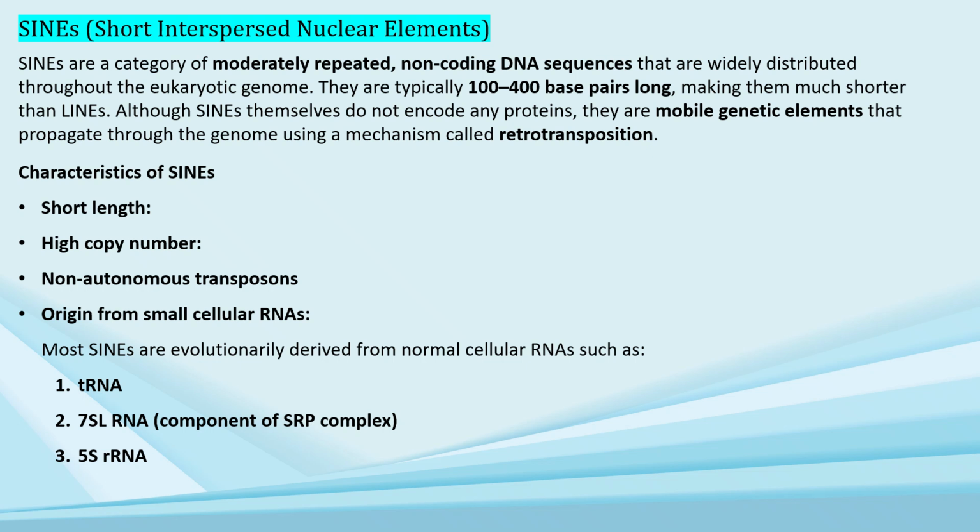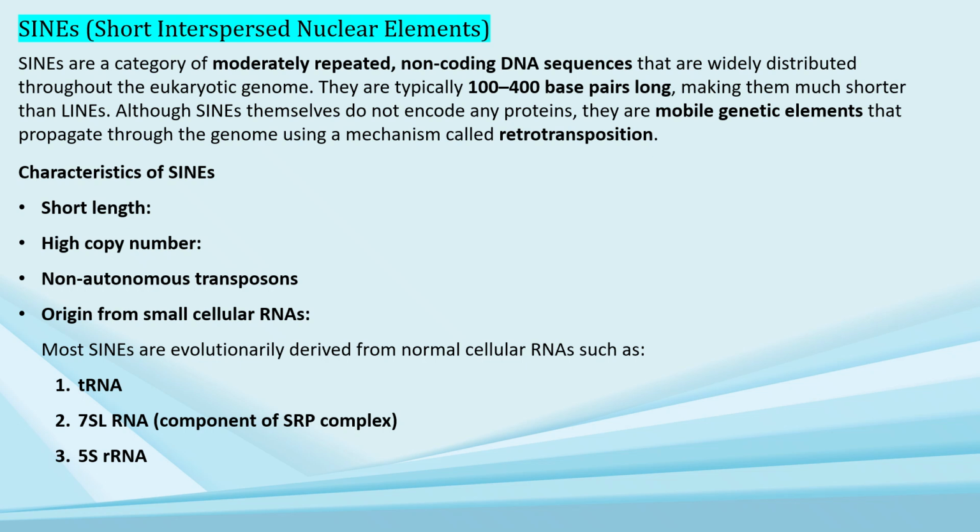SINEs. SINEs are short interspersed nuclear elements. They are a category of moderately repeated non-coding DNA sequences that are widely distributed throughout the eukaryotic genome. They are typically 100 to 400 base pairs long, making them much shorter than LINEs.